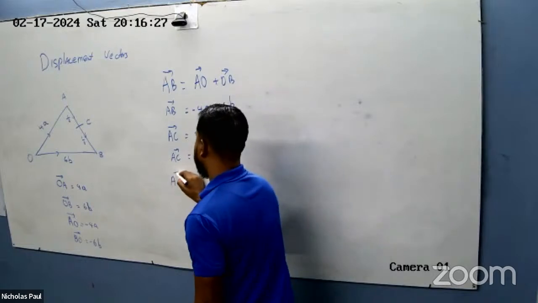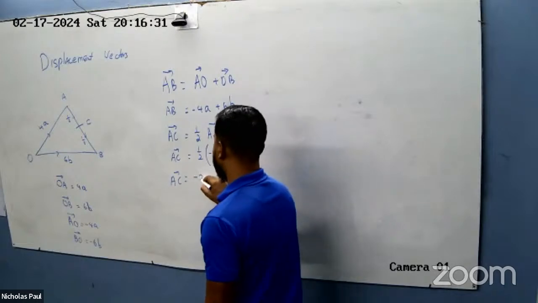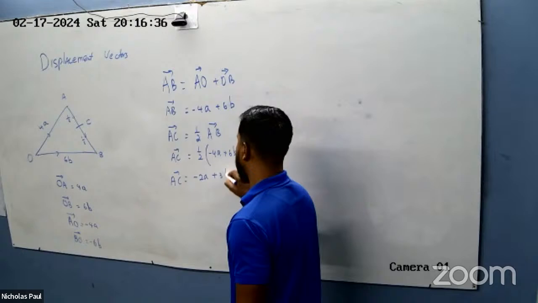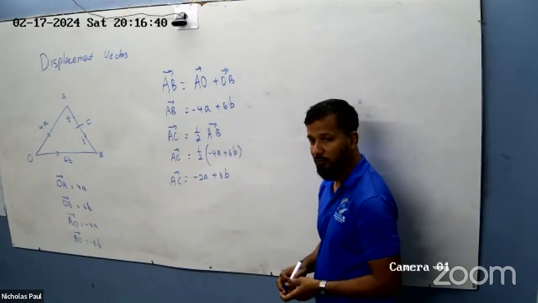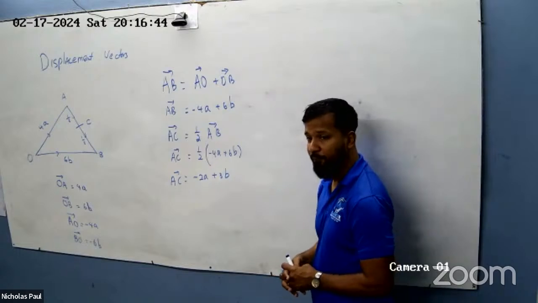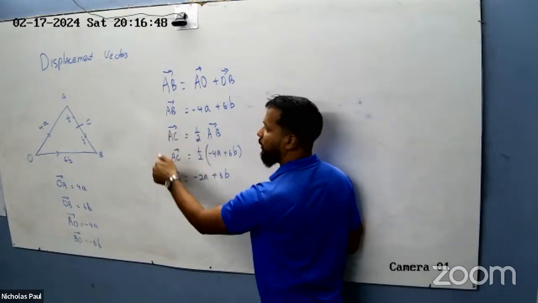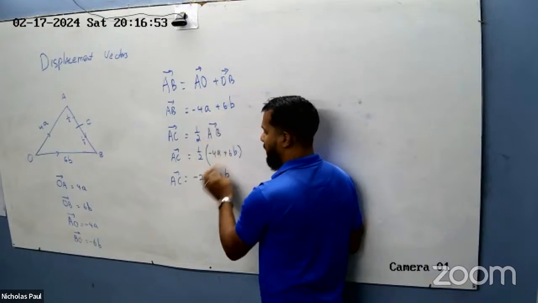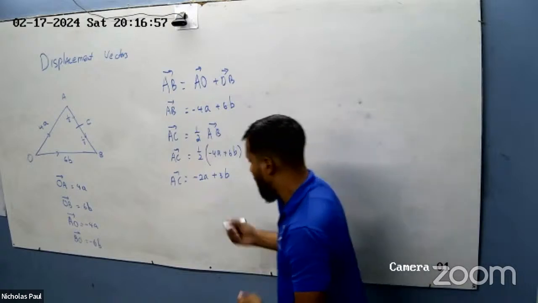Half of minus 4A is minus 2A, and half of 6B is 3B. Jeremy, you okay with us? AC is half of AB. I know what AB is, then I multiply it out. That's okay? Now for the hard part.